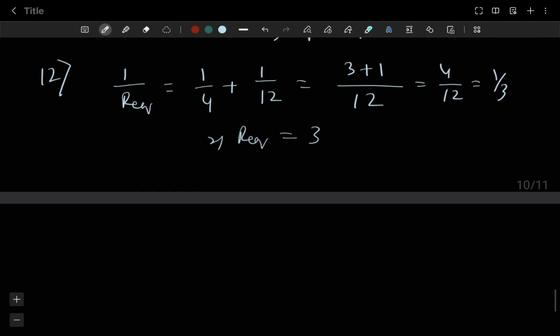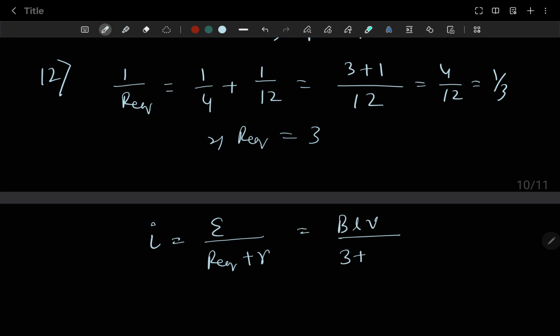So the current I will be epsilon by R equivalent plus small r. So it is BLV by 3 plus small r is 2.